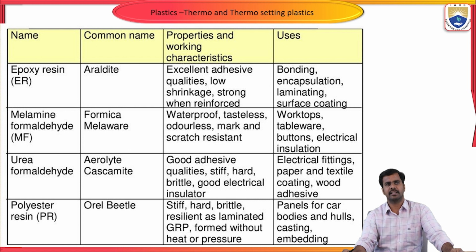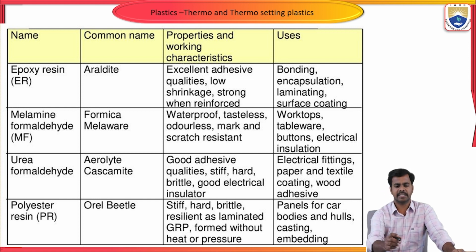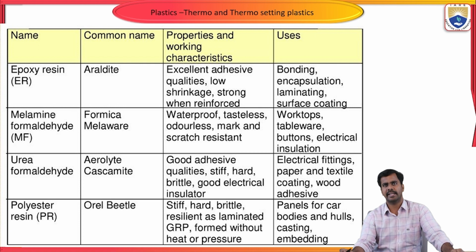So epoxy resin, ER, first one. The common name for epoxy resin is Araldite. Properties and characteristics: Araldite has excellent adhesive qualities, low shrinkage, and is strong when reinforced. Uses of Araldite are bonding, encapsulation, laminating, and surface coating. And second thermosetting plastic is melamine formaldehyde, MF.